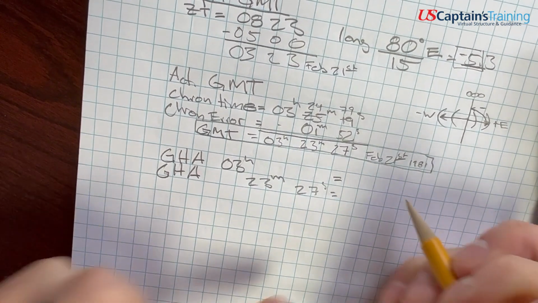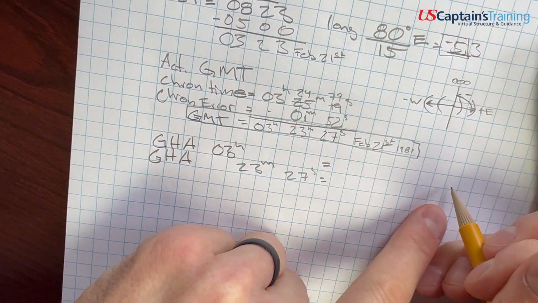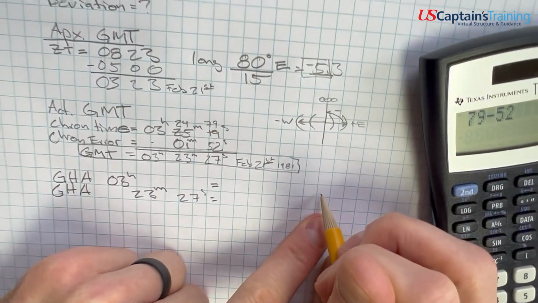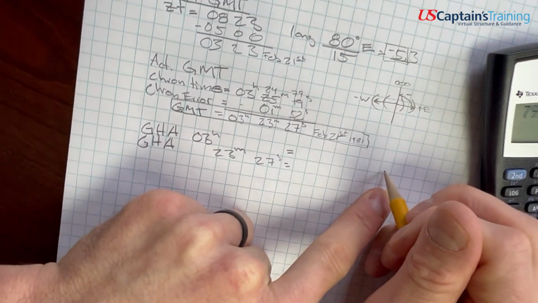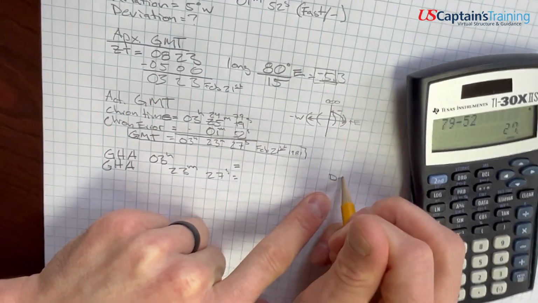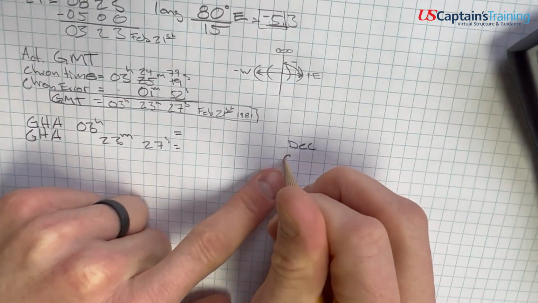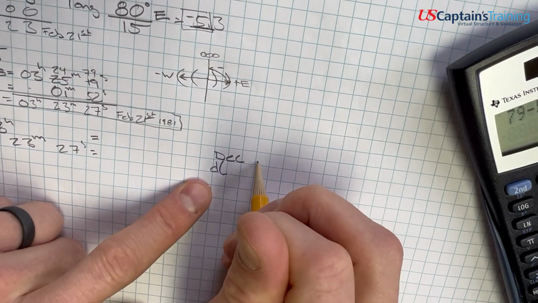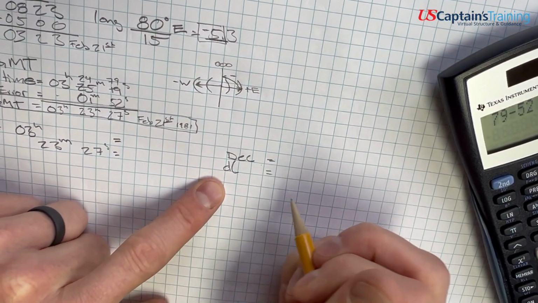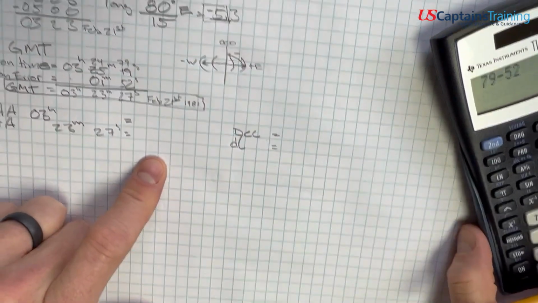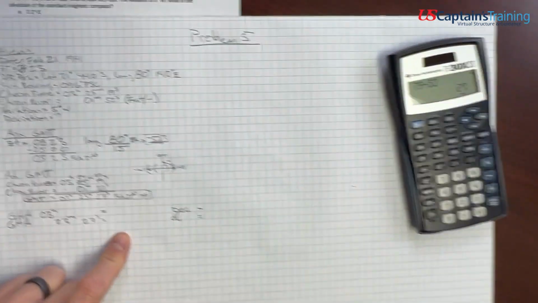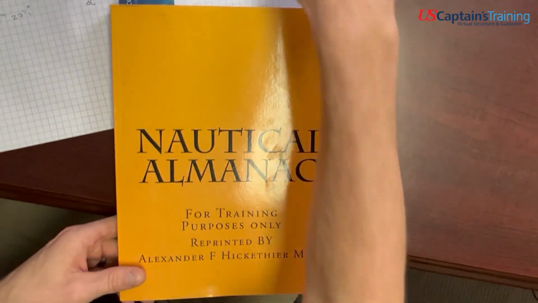So we'll get those values. And then the declination values are going to be right there. So we're going to get the declination, and then we're going to get the D correction as well. Good. So we'll set that up. Now we'll go into the Nautical Almanac, and we'll find these things.